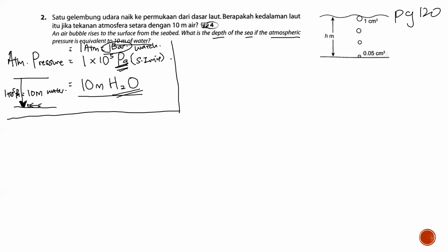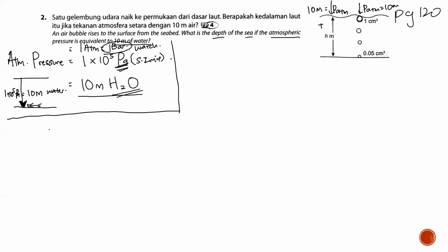The bubble at the seabed actually is smaller. Why? Because here there is higher pressure: atmospheric pressure, 10 meters of water, plus h meters of water. But when the bubble comes up to the surface, it only experiences atmospheric pressure, 10 meters of water.